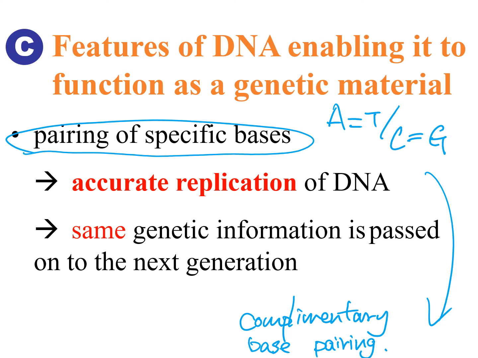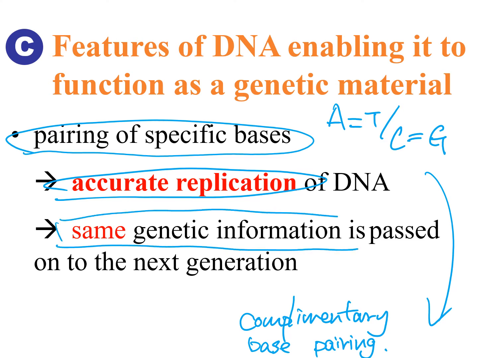And this base pairing is very accurate. This allows very accurate replication of DNA. Therefore, the genetic information is passed to the next generation without any changes.